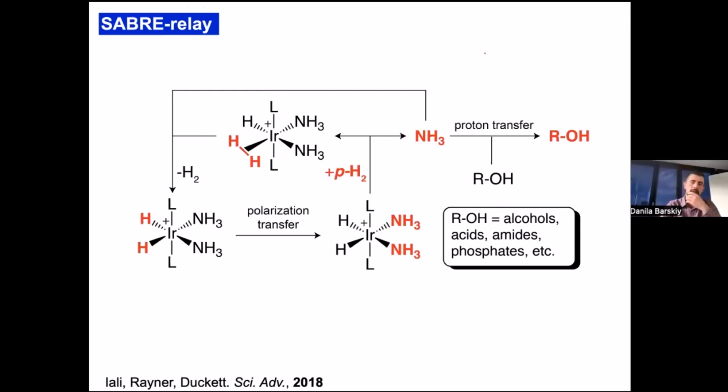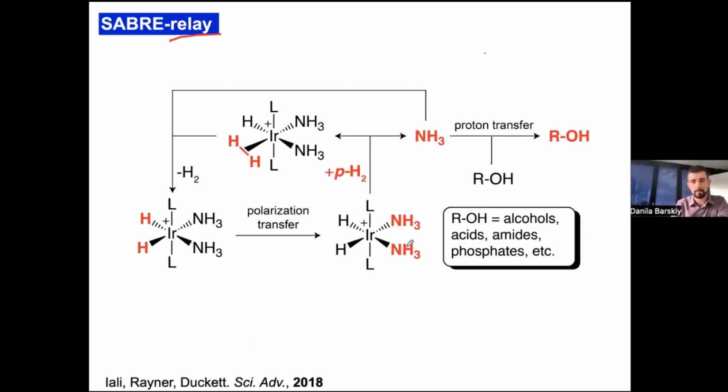It turns out that, we know, and there's a lot of research, that we can polarize a wide class of molecules, but some molecules still cannot bind to this magical, wonderful iridium catalyst, or sometimes you cannot hydrogenate some molecules directly with parahydrogen. So what can you do? It turns out that it is possible to relay, to transfer further polarization from the molecule that you polarize by SABRE or PHIP to other molecules, usually employing further reactions.